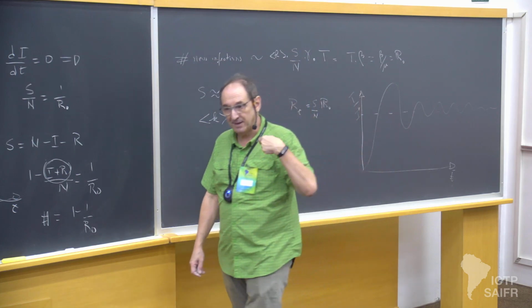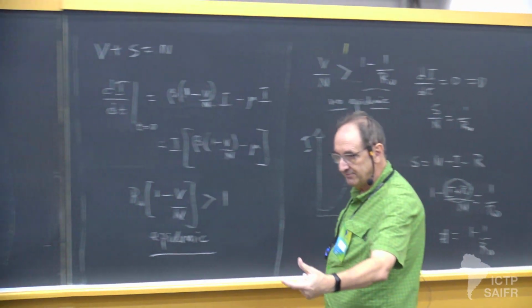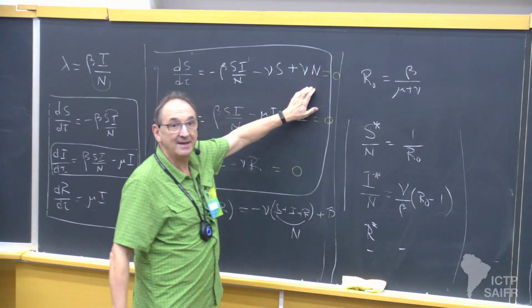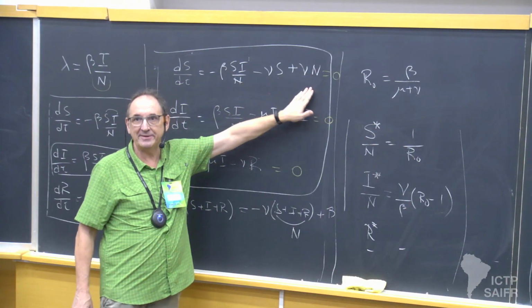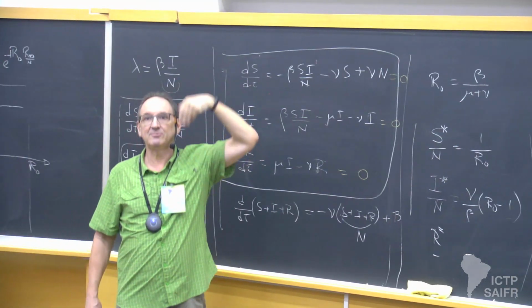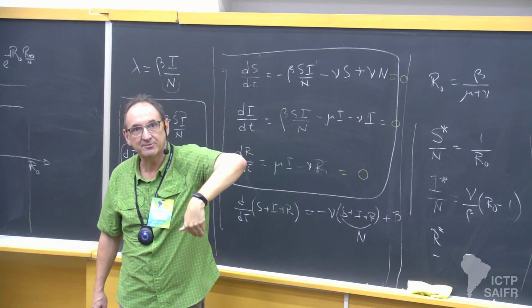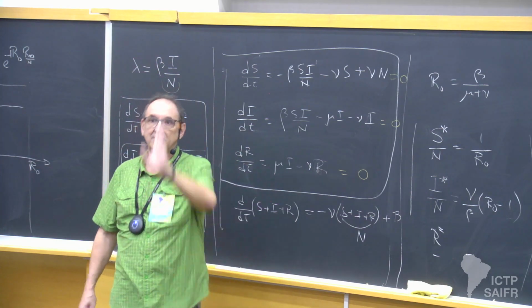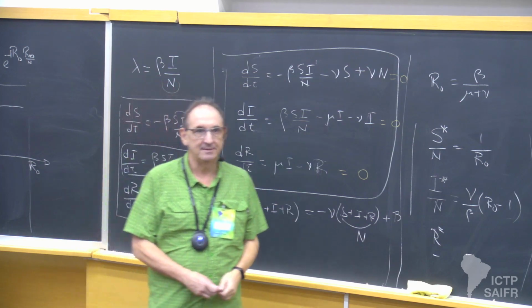This is generated by the fact that you have new susceptibles here. Here's an income of susceptibles, and when they build up to a sufficiently large number, you can go from a decreasing situation for I to start again a new increase of I.